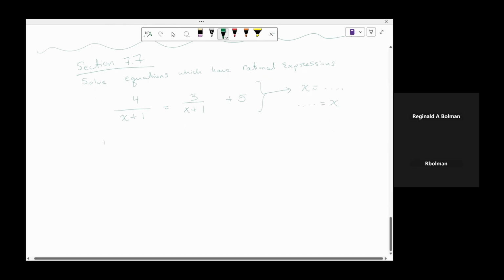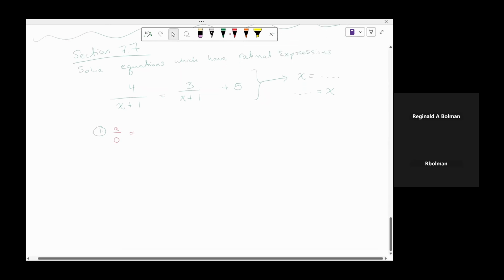So the first thing we have to do whenever we're solving equations with rational expressions is figure out what points exist such that x, or the solution rather, becomes absolute nonsense. You'll recall from maybe your middle school or elementary school program that if you have a number and you divide it by 0, this is nonsense.